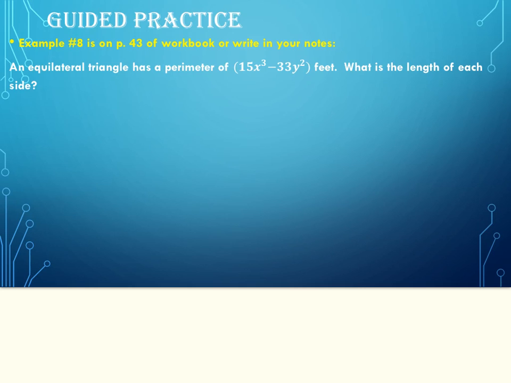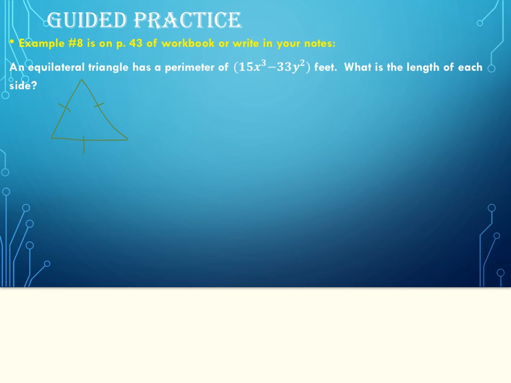If we look at an equilateral triangle, whoa, it has a perimeter, which means distance around. So equilateral means each of the sides is the same length.